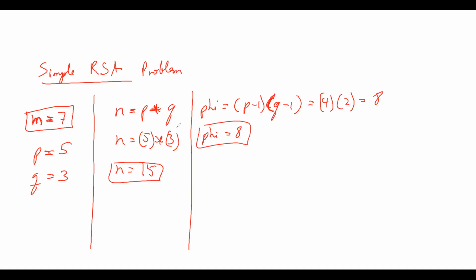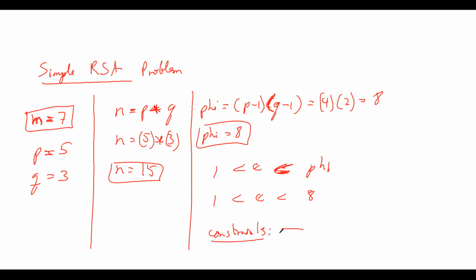Then after that, you have to select an E that is greater than 1 and is less than phi. So basically 1 less than E less than 8 in this case, and that it meets those constraints that we talked about.